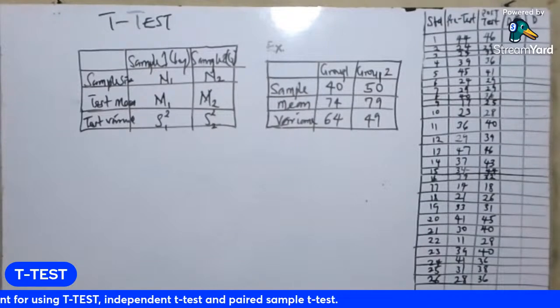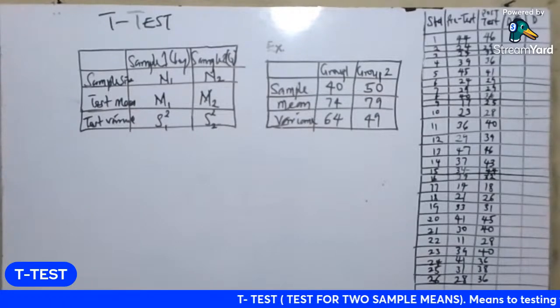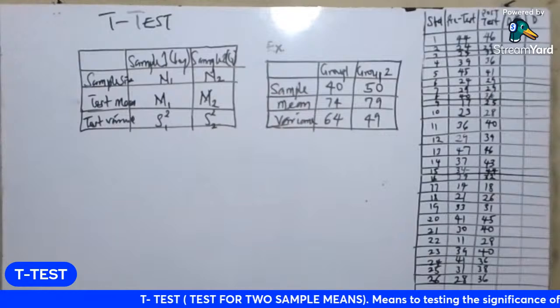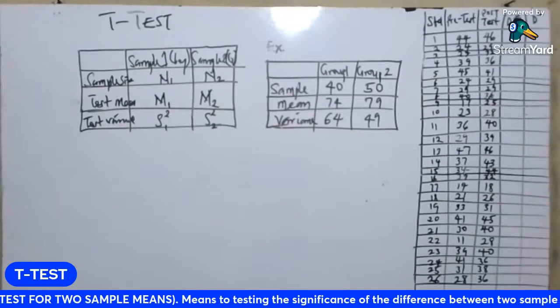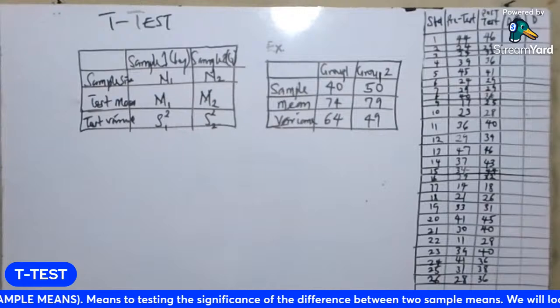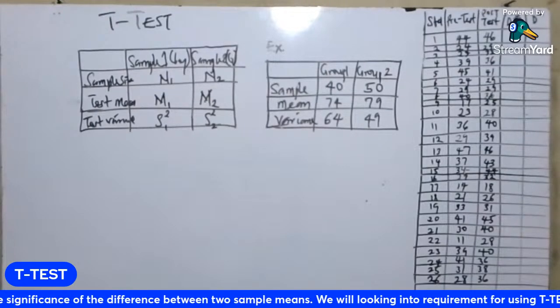Normally, when you have categories of a variable, like gender, or like public and private, you have to make use of the t-test.